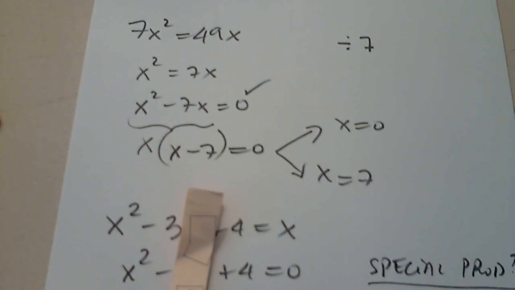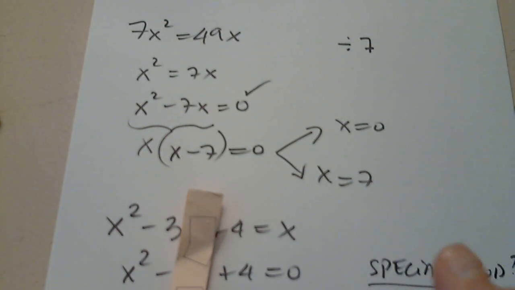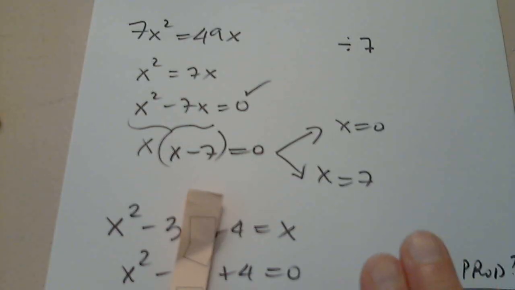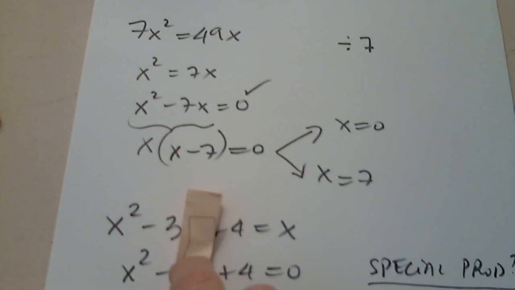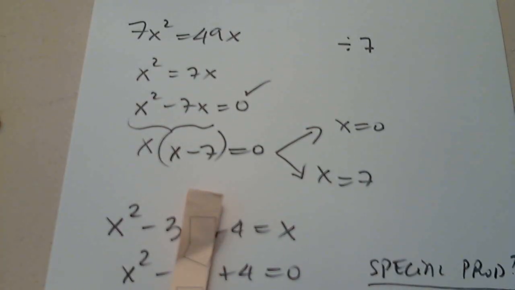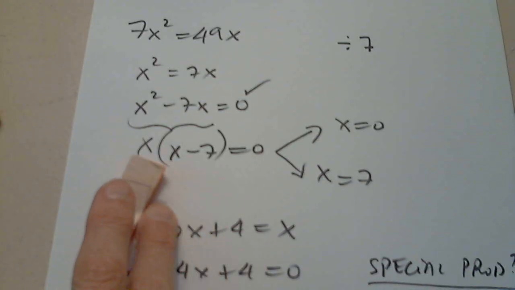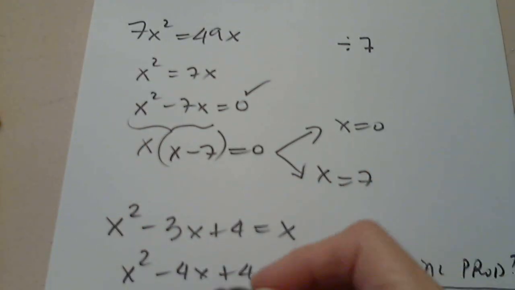Indeed. Why? Because the negative 2 times the first times the second is 4x. If this is the same with the middle term here, then this is correct. If this is not the same with the middle term here, then this is not the factor form of this trinomial. Now I'm looking. Oh, excellent.